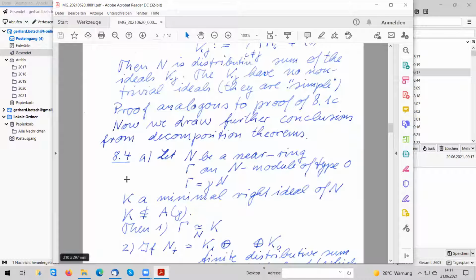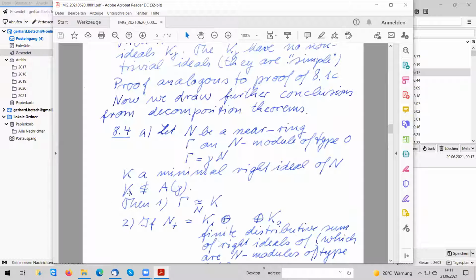If there is no minimal right ideal at all, then the descending chain condition doesn't hold. We didn't assume the descending chain condition, just the existence of a minimal right ideal. And we assume that this is not in Aγ.